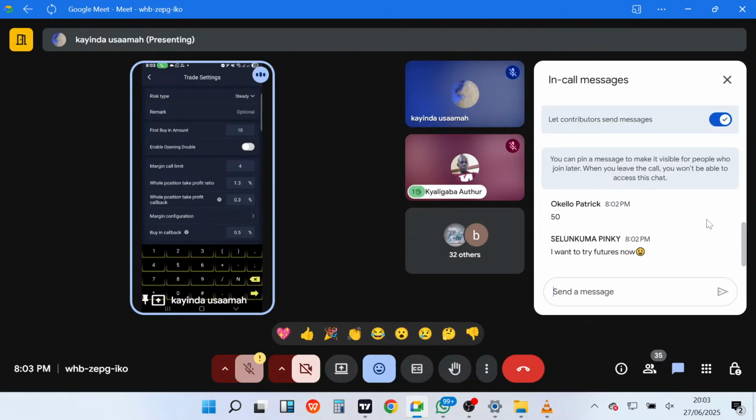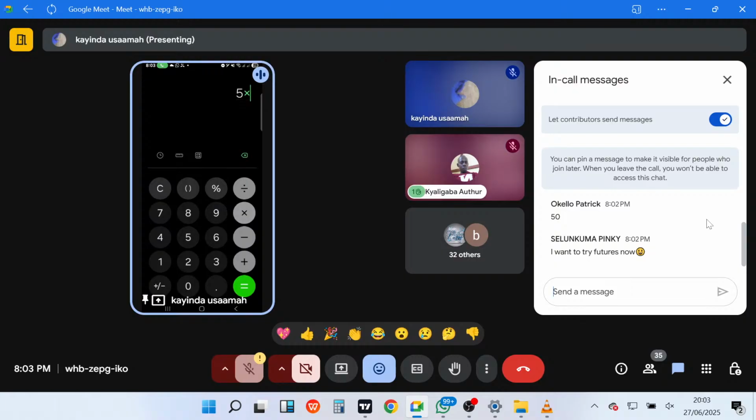So what are you going to do? You're going to multiply it. You have 8 margin calls. 8 times 5, that's how much? 5 times 8 is 40. So that means your remaining $40 is going to be added in the margin calls.